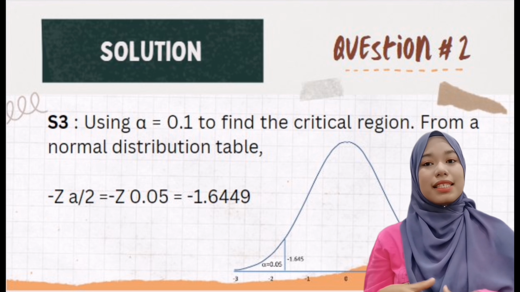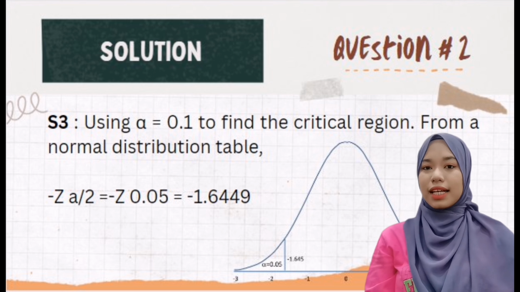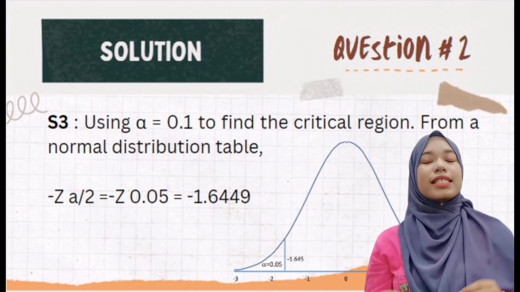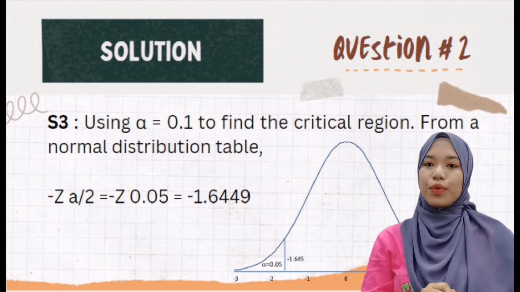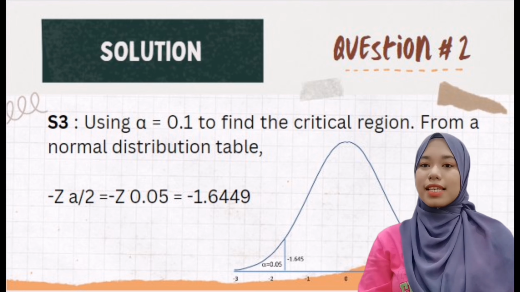From the normal distribution table, we get the value of Z critical, which is negative 1.6449, but before you get this value, you must divide Z alpha by 2.